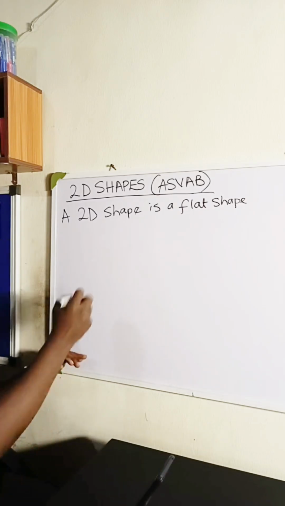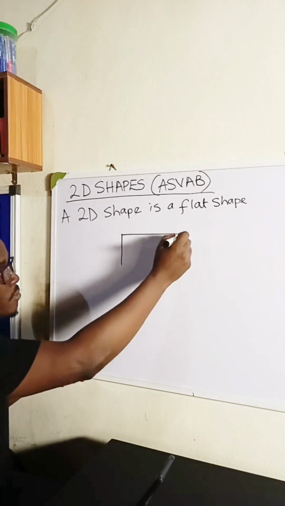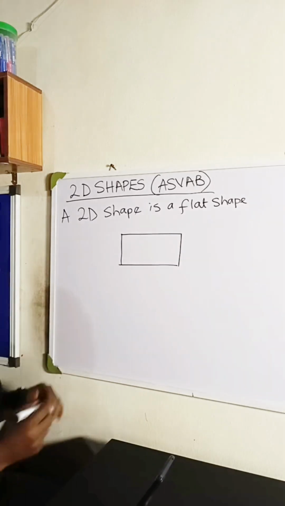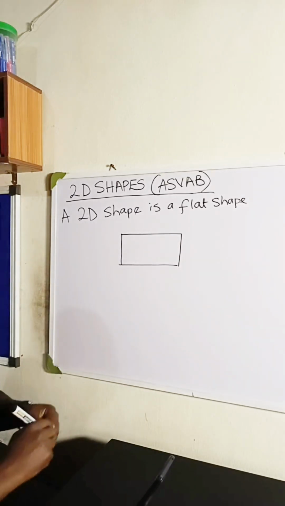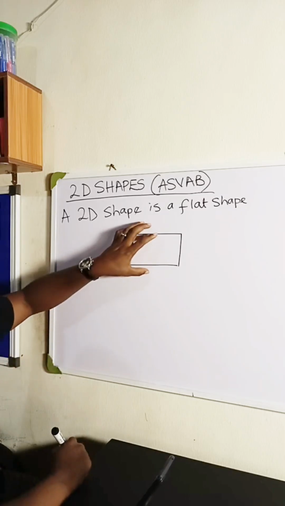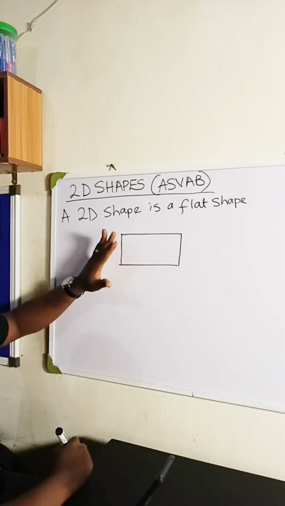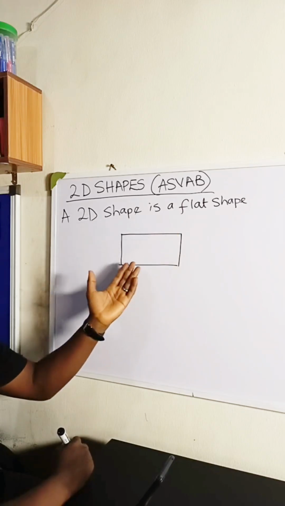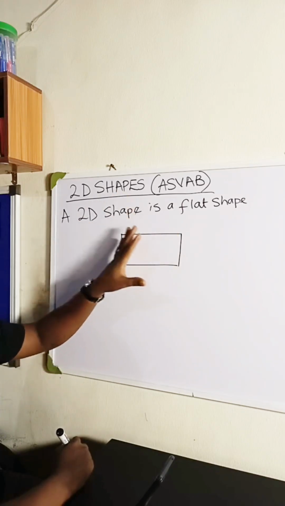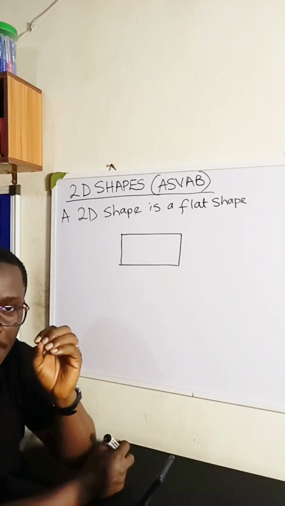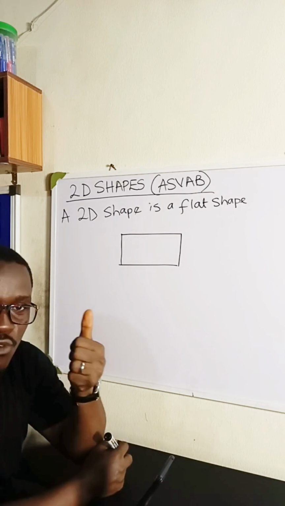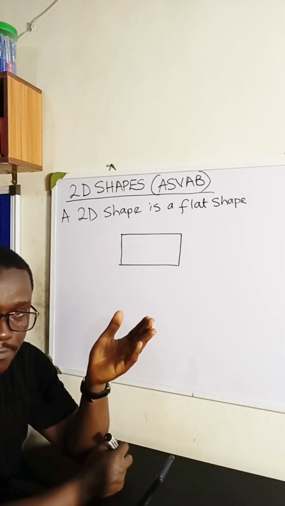So if I draw a shape like this, it is a 2D shape. How do I know? I cannot handle this shape. I cannot hold it. It is flat, right? I cannot push it along this line. I cannot push it up because it is flat. So a 2D shape is a flat shape that cannot be moved from one point to the other, okay?